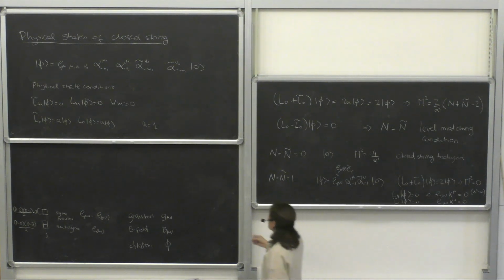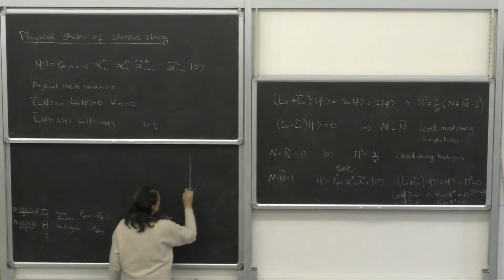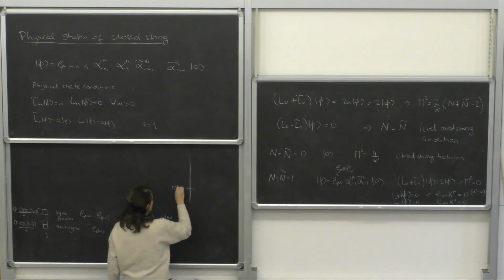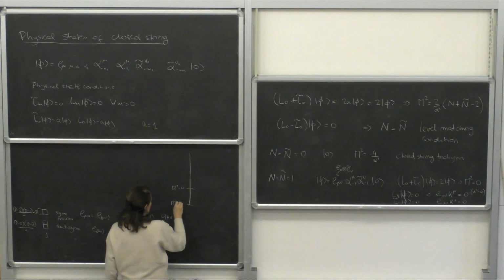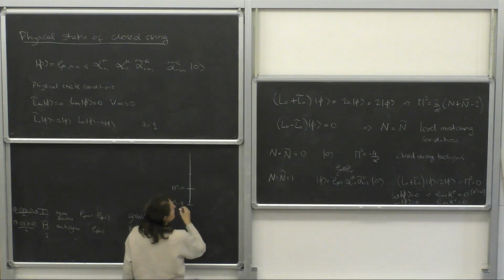And in the closed string, you also have a tower of states. This is m squared equals 0. They are more separated. So this is m squared equals minus 4 over alpha prime. The next one has 4 over alpha prime, right?